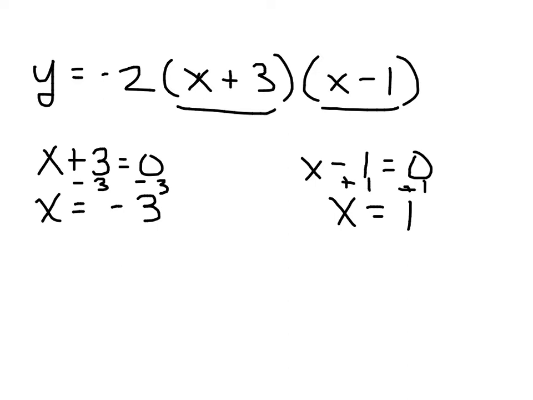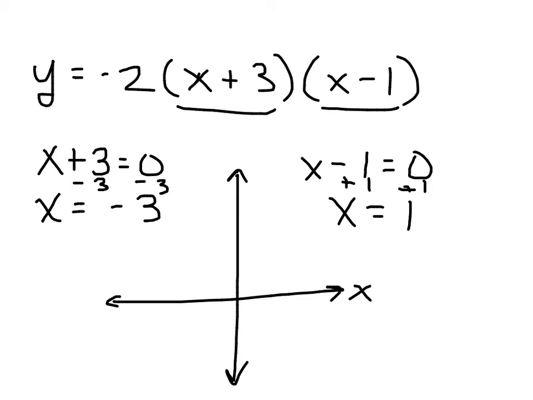Okay? Now, here's what you just found for me. If I put that on the graph, negative 1, 2, 3, make a dot, positive 1, make a dot. You just found me 2 of the 3 dots we need. In order to get the axis of symmetry, it's halfway between there.